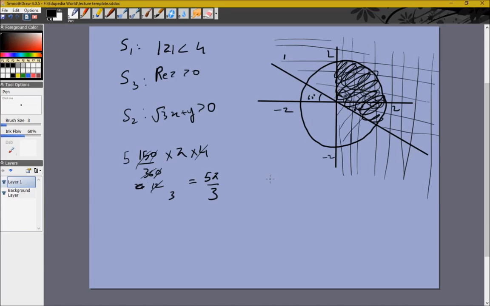Hang on. Sorry, my mistake. These are 4, right? Mod z is 4, not root of mod z. Minus 4, so this should be 4 squared. So into 4, which is 20 pi by 3. So the final answer is 20 pi by 3, which is B.